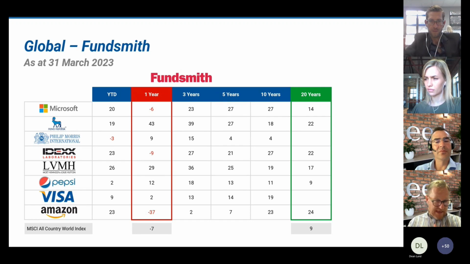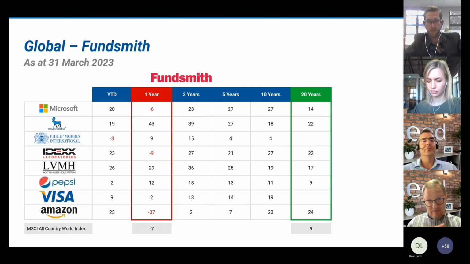With those names, to the point where the founder, or the current chairman, Bernard Arnault, was instrumental in putting the two businesses together, LV and MH. It's obviously catapulted him, because of his exceptionally high stake in that business, to the richest man in the world.